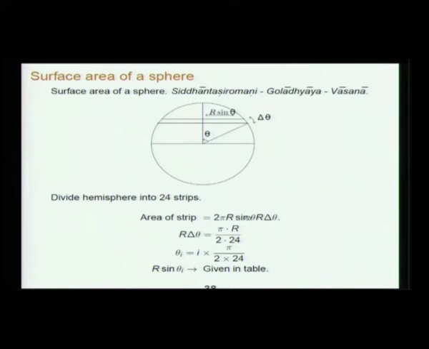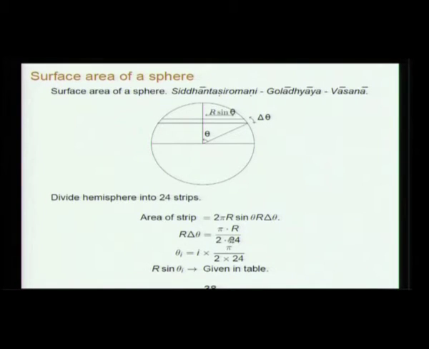So, area of the strip is this, and r delta theta is r into delta theta, which, as I told you, is 90 degrees by 24. In radians I am writing it as pi by 2 into 24, and the theta i's are pi by 2 into 24 into i, going from 1 to 24. You are dividing into 24 divisions, that is already written.